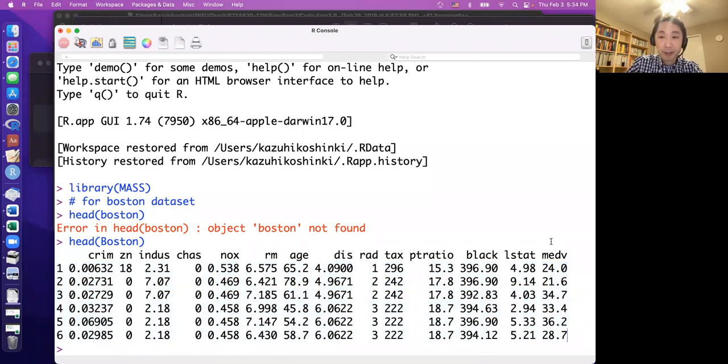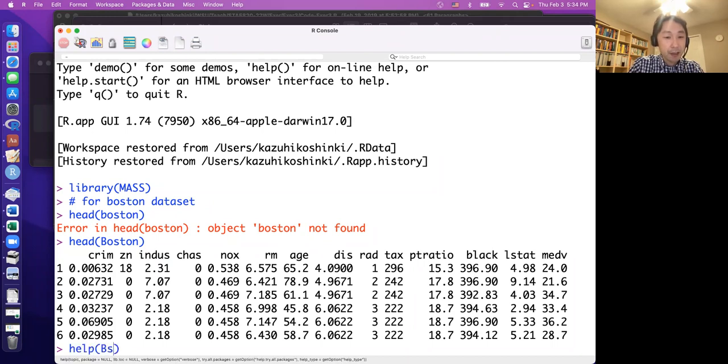But these are the median values, and the other variables are basically predictors to explain the median value, the house value. So the first one is crime rate. The second one is the zoning, or just zone. And this is maybe distance to industrial area.